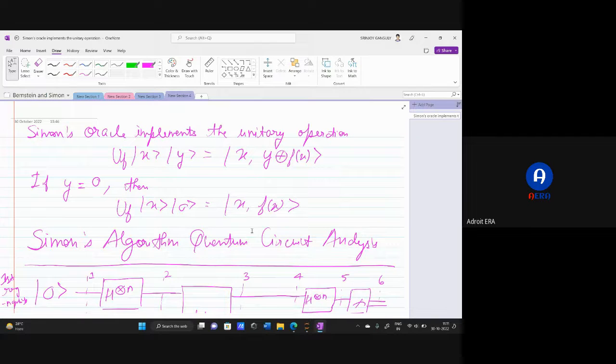But again, it won't take 2 hours. I think it should take only about an hour or maybe less, because we will then finish the analysis of Simon's algorithm, and we are going to see the Qiskit version of Simon's algorithm. And then whatever the next topics are coming, they will be taught.